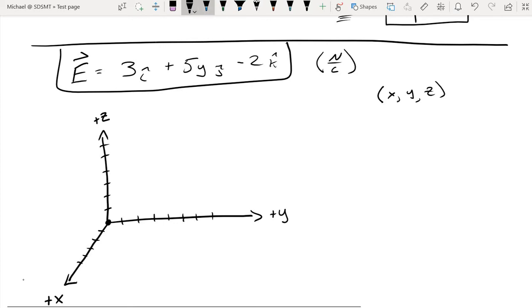The way I will do that is I will make myself a container. And the container that I'm going to make is going to be a cube. Again, I'm going to try to draw this the best that I can.